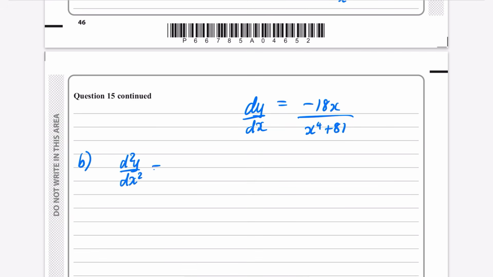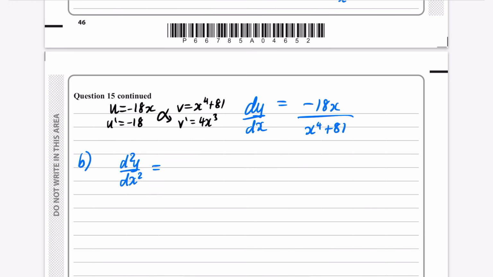Now this is going to require the quotient rule for this. So for the quotient rule, we can see that u is minus 18x and v is x to the power of 4 plus 81. So when I differentiate u, I get minus 18, and when I differentiate v, I get 4x cubed. So the quotient rule is when you do these two, subtract these two, divided by v squared.